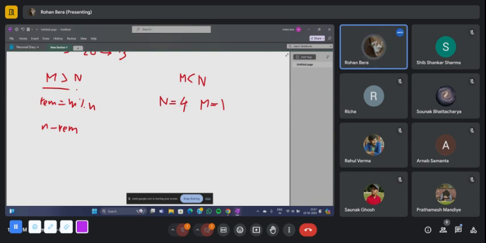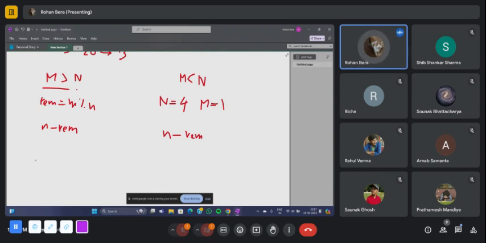So in that case, I always have to add cookies so that I can distribute these cookies among these n people. So in this case, the answer will simply be n minus m. Okay.